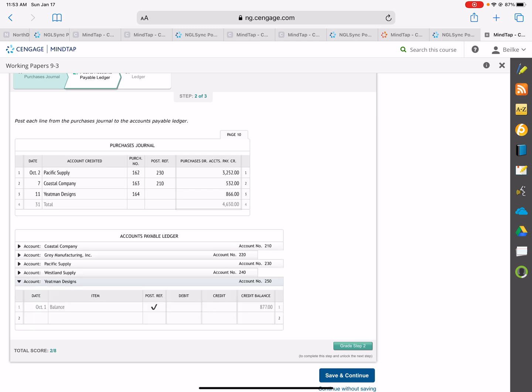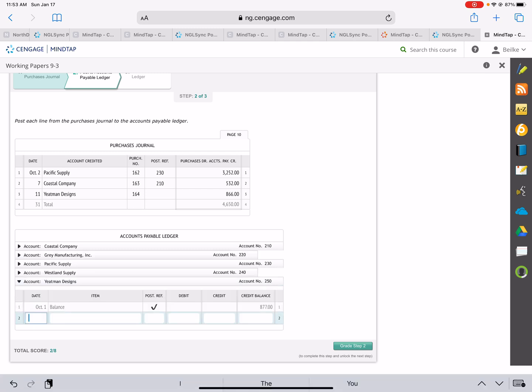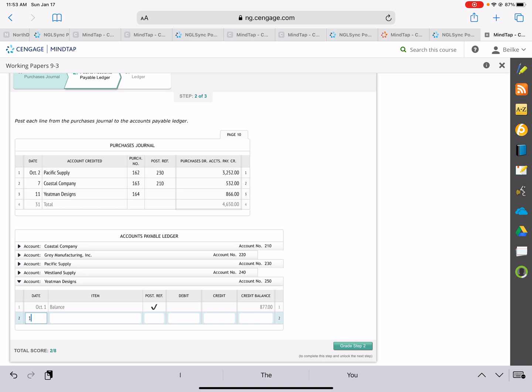Our third one goes to Yateman Designs. The date is the 11th. Post reference is Purchase Journal, page 10. The credit is for $866.